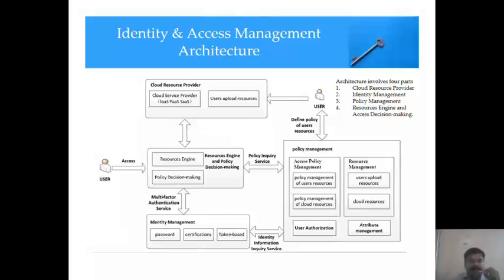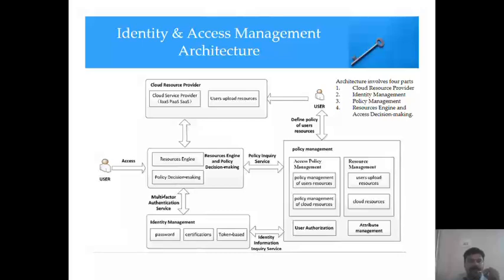A user has access with the resource engine and policy decision making, with multi-factor authentication like password, certificate, and tokens. He or she, the user, can then go and access the data. And he has to go through the policy management and resource and user authorization, and the user can use the cloud resource provider.